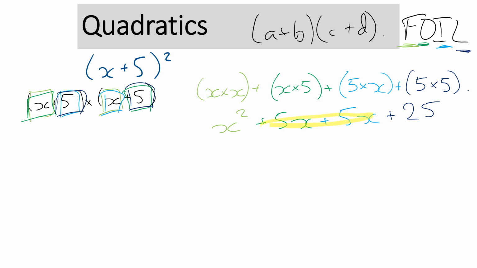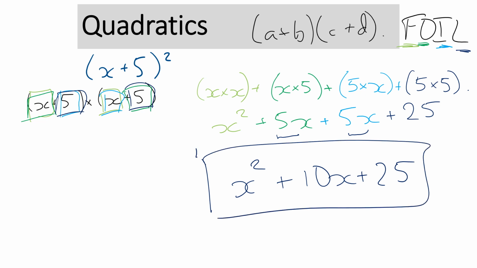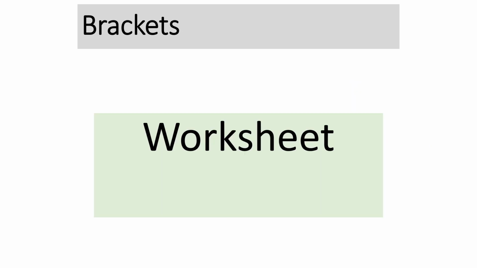We've got the same terms right here. Those are both like terms, right? So the final thing we could do before we get our answer: x squared plus 5x plus 5x, that's 10x plus 25. So this here is the expanded form of that expression there.